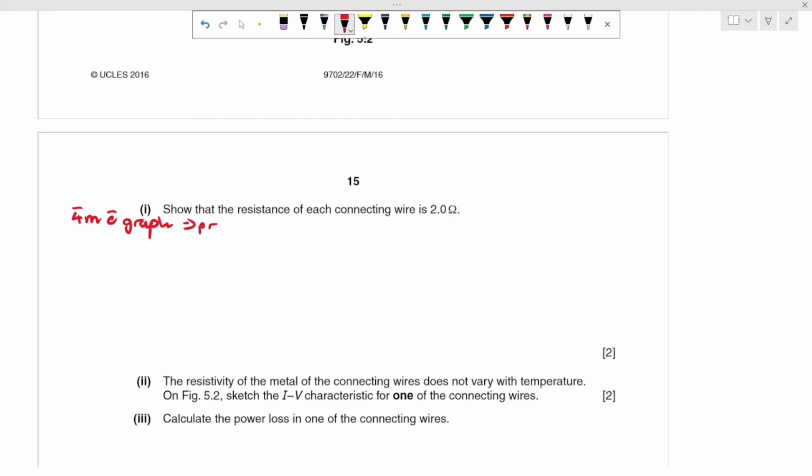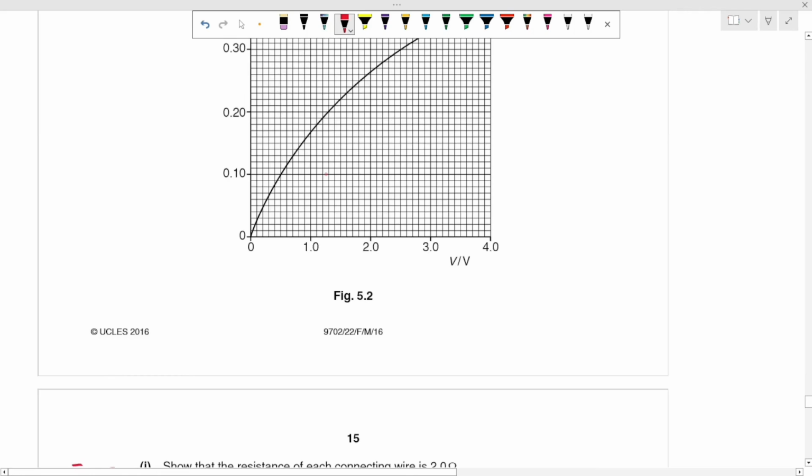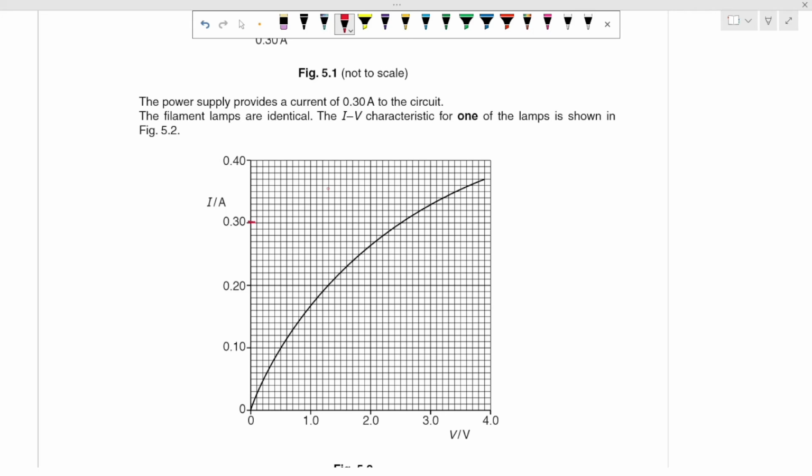Okay, so from the graph, the PD across each lamp will be equal to, let's go to 0.30. Our I is 0.30, like here. If you go across, we reach this point, and then if you go down, this is 2.1, 2.2, 2.3, 2.4, that's 2.5.